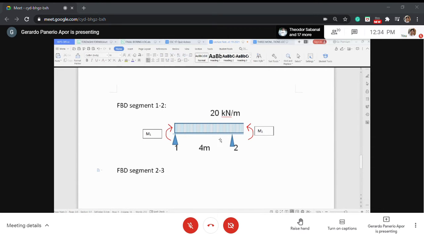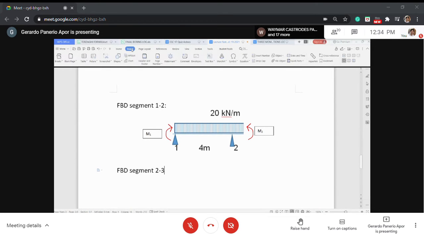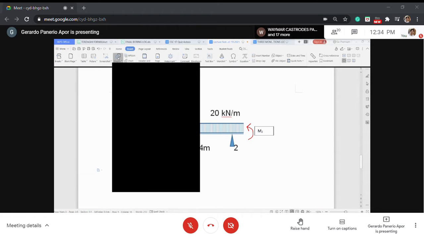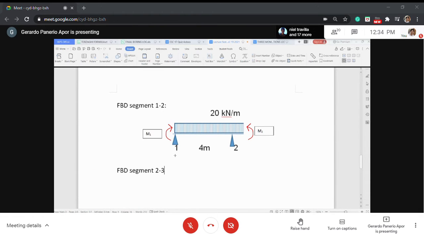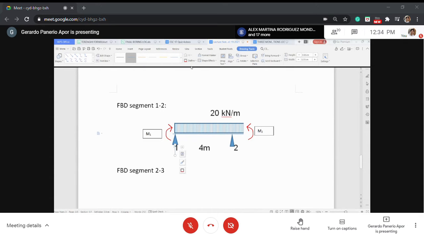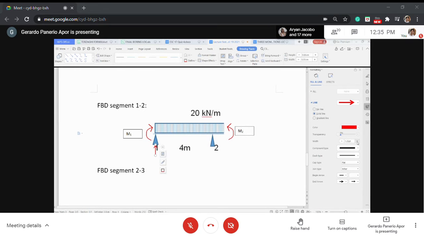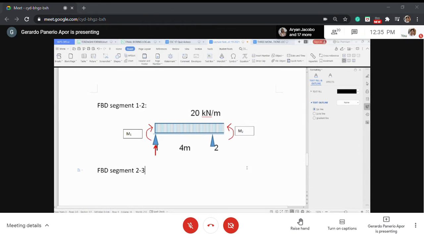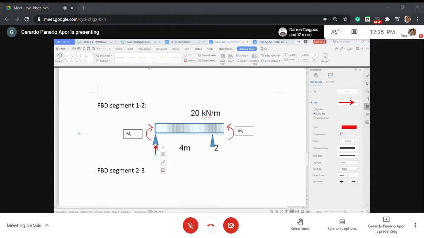And this one here, I will make an arrow here, insert arrow, this one. Okay, I will make that color red. And then maybe I'll make that bigger. Okay, there's one. I will copy that and paste again.